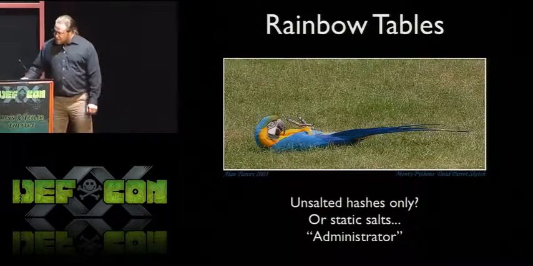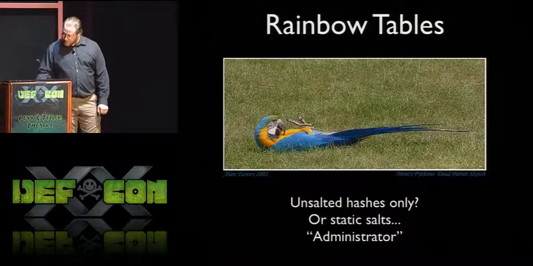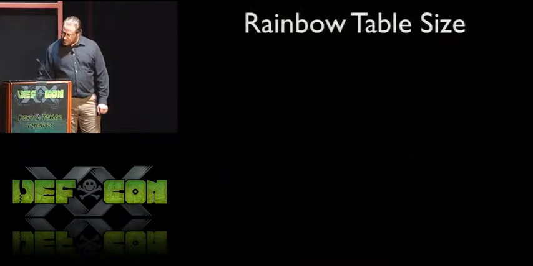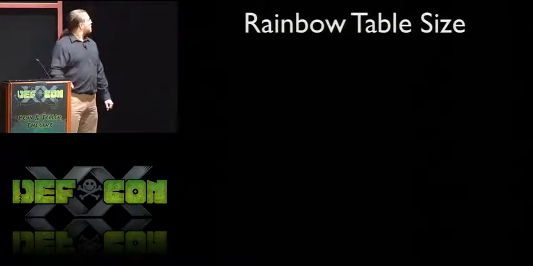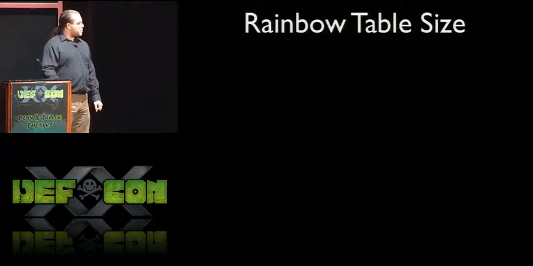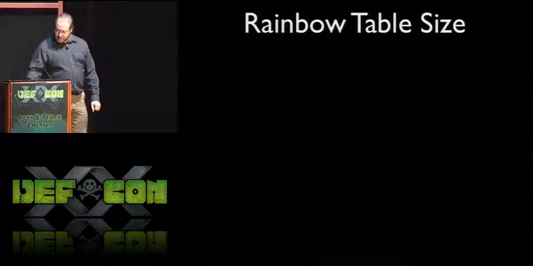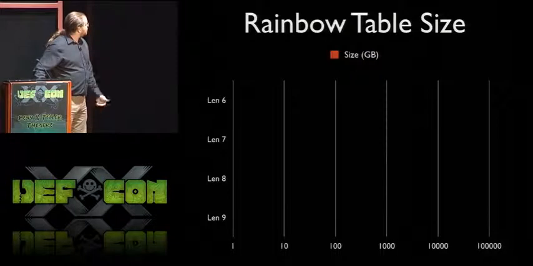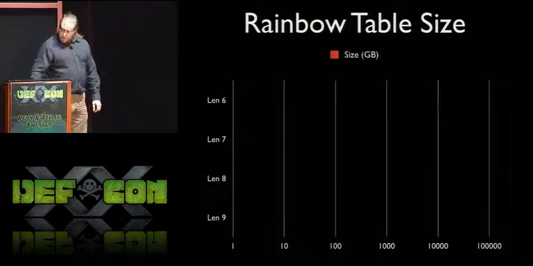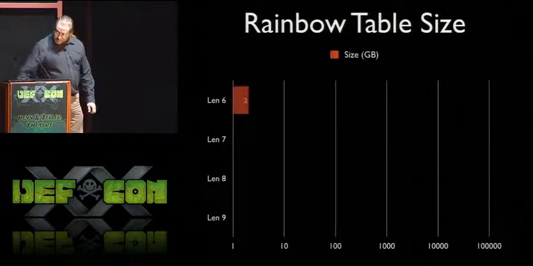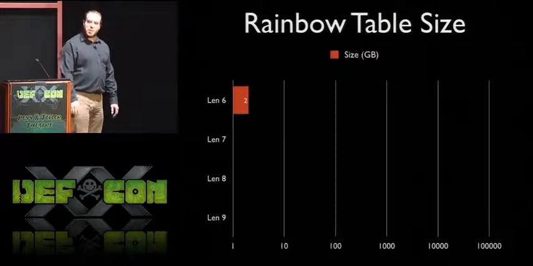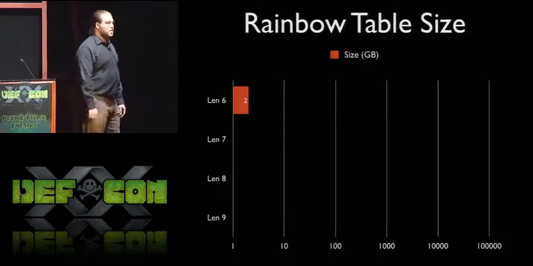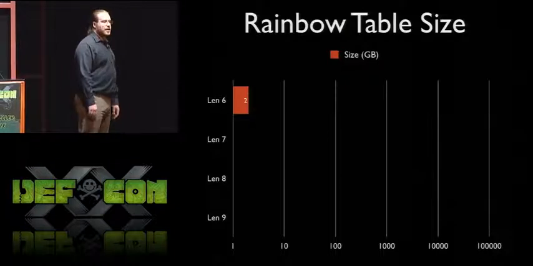So the next problem that we've had with rainbow tables is their size. Back when rainbow tables first started out, they were pretty small. You can't see the numbers there, but let's say length 6 tables for your favorite hash algorithm of choice. They're about 2 gigabytes.